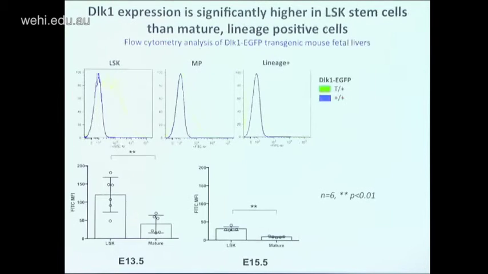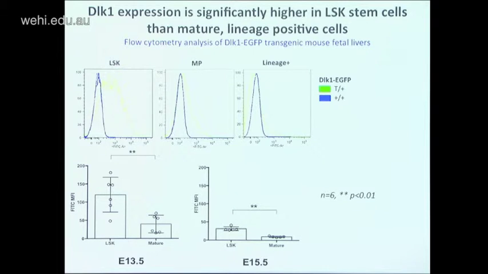And using a different method, which is using Dlk1 EGFP transgenic mice, where the GFP protein expression is linked to the Dlk1 transcription, the Dlk1 expression, again, is significantly higher in LSK stem cells, and they're actually higher than the mature lineage-positive cells.